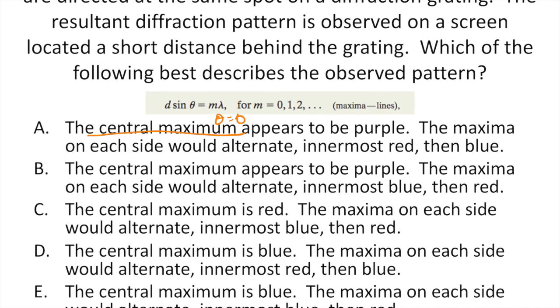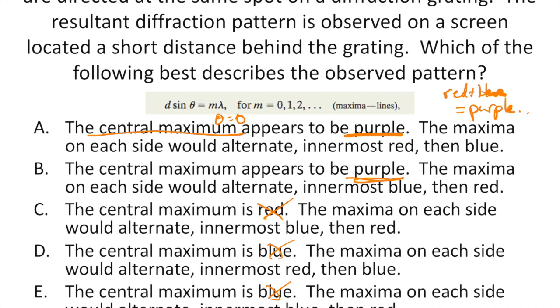It's going to have a peak at theta equals 0 no matter what, and so we're going to get purple, because red plus blue equals purple. There are certain things like this I'm hoping that you learned in kindergarten. And so we've already narrowed it to A and B. The middle is going to have both colors, going to be purple.